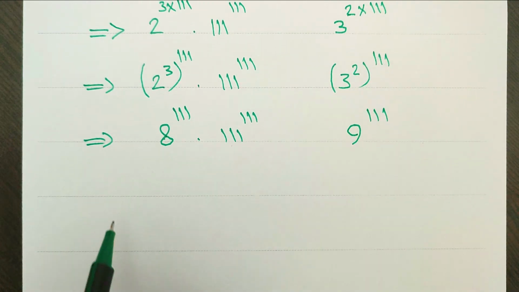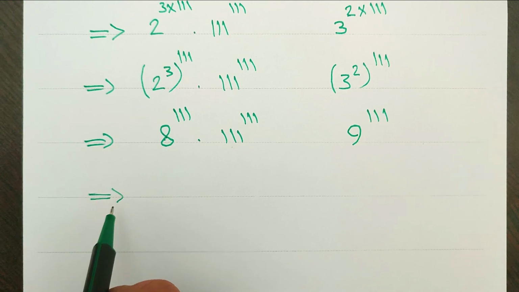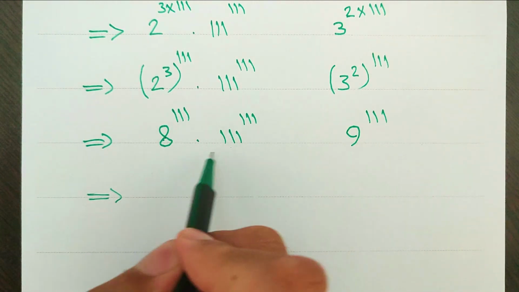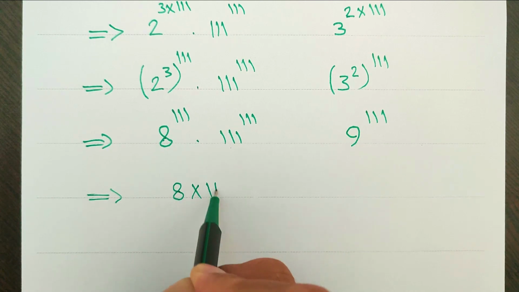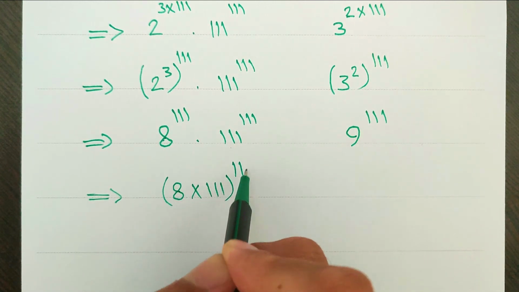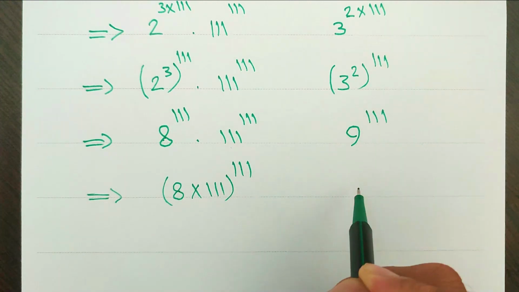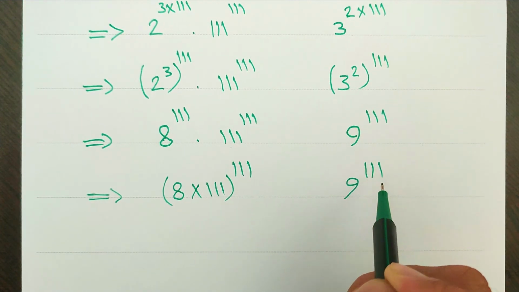According to the properties of the exponents, since the exponents are equal, we can compare the bases. On the left hand side, we multiply the bases, resulting in 8 times 111 all to the power of 111, while the right hand side remains 9 to the power of 111.